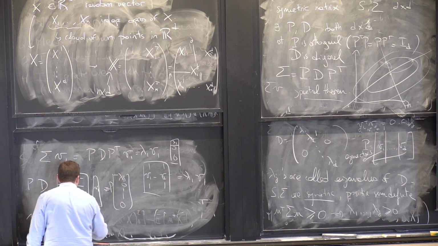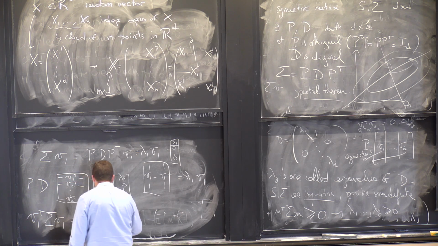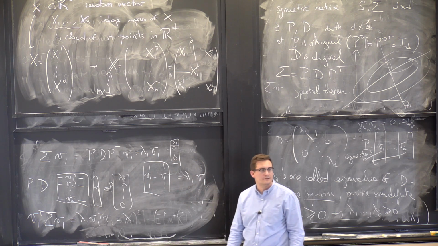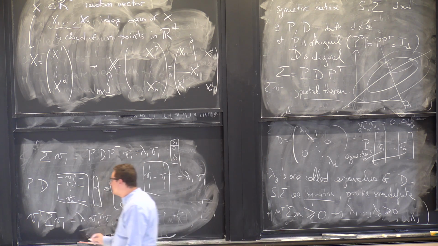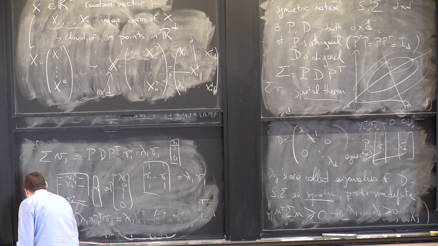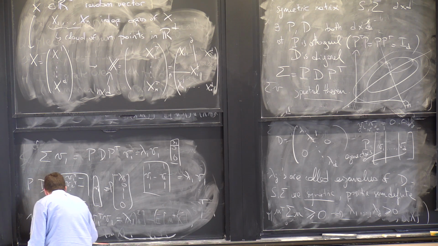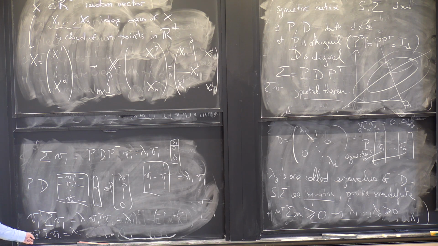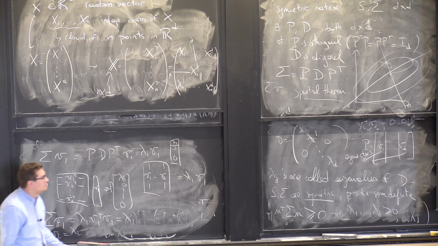So this is actually lambda 1. And if I do the same with V2, clearly I'm going to get V2 transpose sigma V2 is equal to lambda 2. So for each of the Vj's, if I look at the variance along Vj, it's exactly given by those eigenvalues. All right? Which proves this.